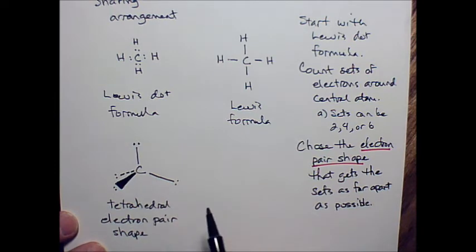Now that's not the end of it because we don't yet have a molecular shape. What we have right now is an electron pair shape, and what we want to find is a molecular shape. We've got one more step for this particular drawing.